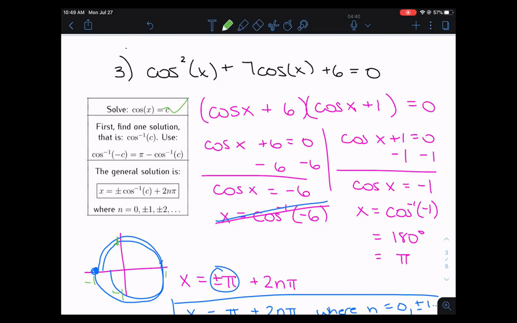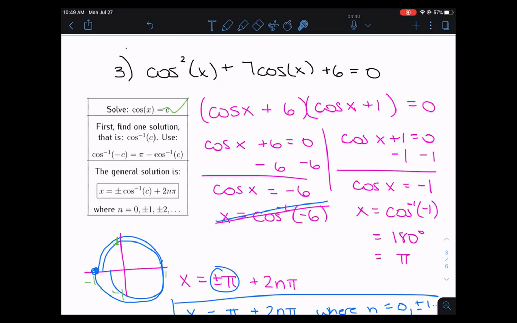So this n actually represents all the numbers. It keeps going. So this can be 0. This just represents how many times around the circle you're going. You can go around 1 time, 2 times, 3 times, 4 times, 5 times. You can go around the circle as many times as you want. That's what this little n means. So you're going 2 pi.